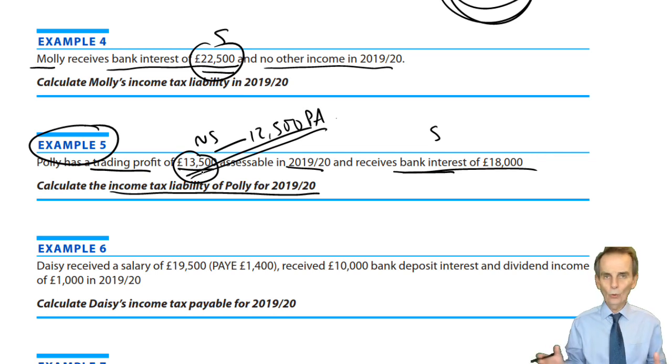Therefore, not all of the first 5,000 is filled up with non-savings income. It means there's still, therefore, a possible £4,000 of available starting rate band to go against your taxable savings income. That said, you have a go at that. I'll quickly review it at the start of the next session.